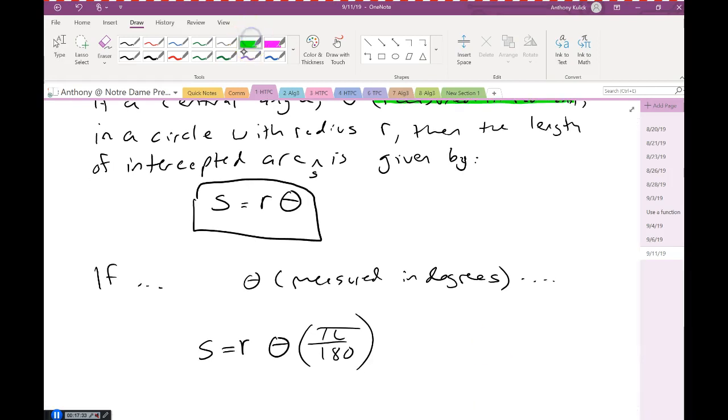Yeah, I added it in there. So if my angle measure was given in degrees, I'm going to use the formula S is equal to pi r theta over 180 degrees.